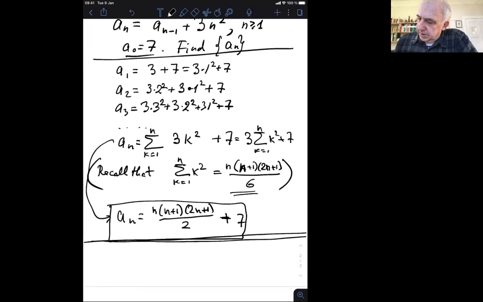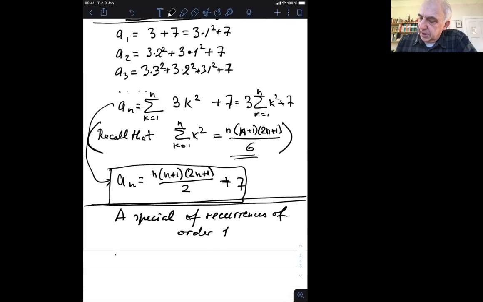So a special case of recurrences of order 1 is a recurrence of the form a_n minus q times a_{n-1}, and I want it to be equal to some coefficient alpha times some number r to the power n.